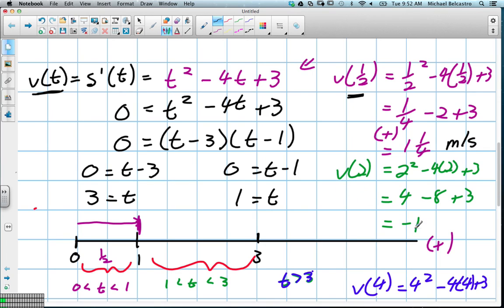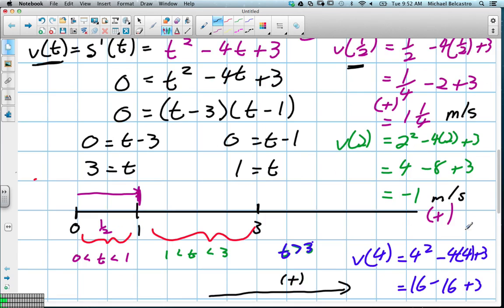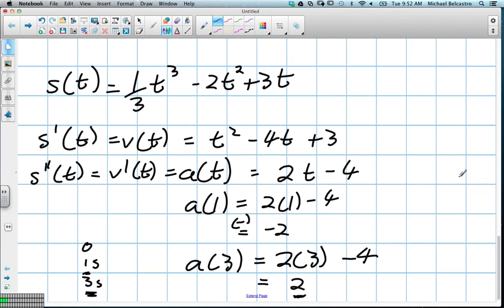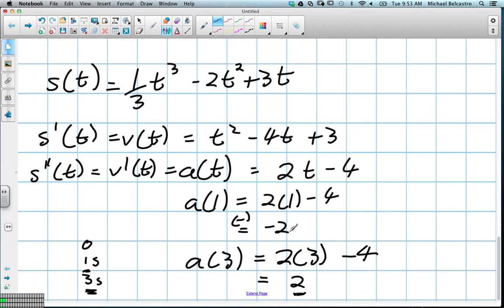At 2 seconds, we were moving at negative 1 meter per second. And at 4 seconds, it was moving at positive 3 meters per second. At the times of 1 and 3, this was moving at negative 2 meters per second.